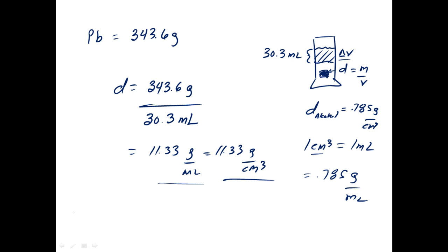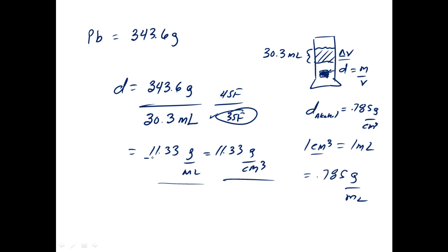Now, here's another important thing. Let's watch our significant figures here. This value is 30.3. That's 3 significant figures. And 343.6 is 4 significant figures. So when you divide something with 4 by 3 significant figures, the lowest is what you report as your final answer.